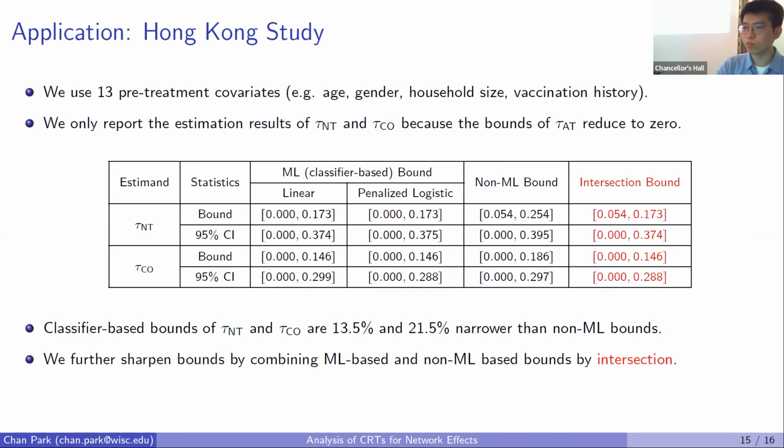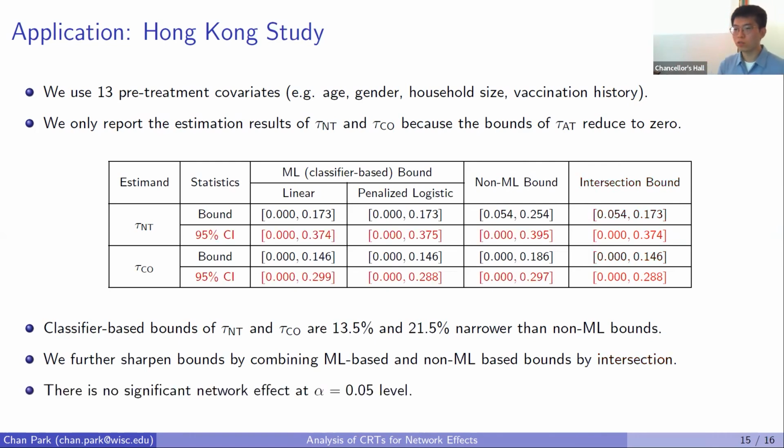However, there's a way to improve these bounds by taking the intersection. So this is the best possible solution, which shows that the effect among never takers is positive, which means there could be a spillover effect among peers to never takers, which suggests a way to protect mask refusers. However, there's a lack of statistical evidence at the 5% level.